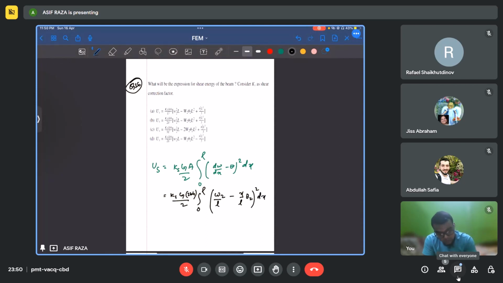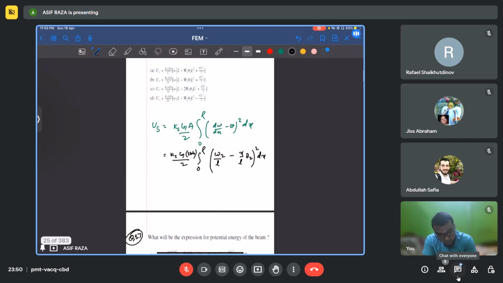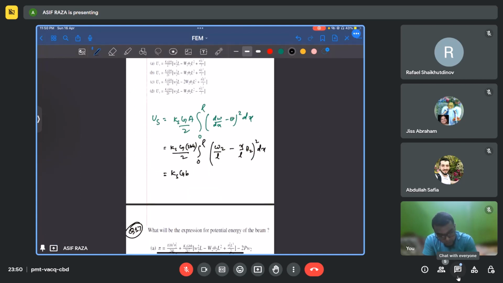Dimensionally it's correct. So this is Ks G, dx, W2 square by L square minus 2 W2 theta2 by L square x plus theta2 square by L square x square dx.